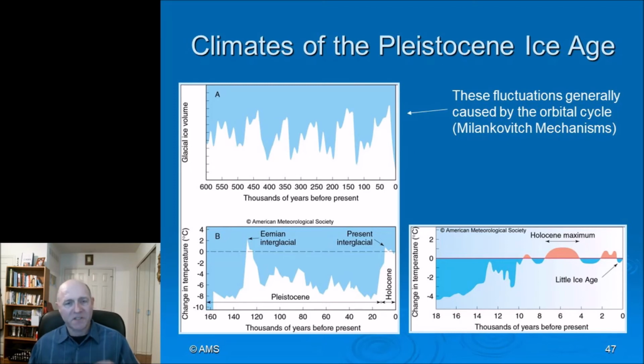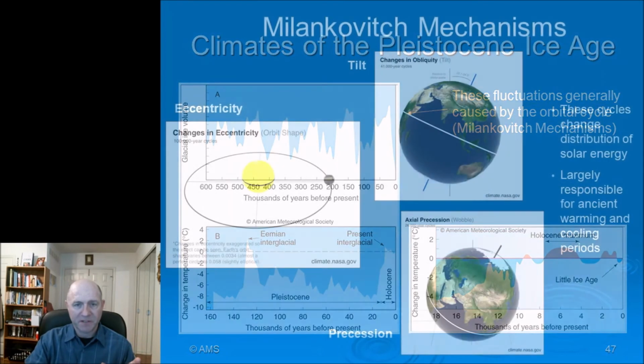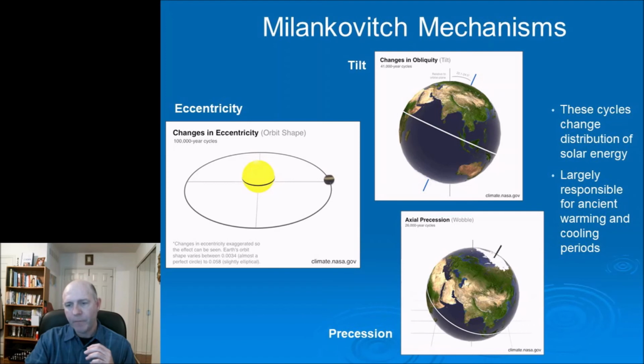There are always these small fluctuations within the mean. Now the fluctuations there on the top are largely orbital cycles, what we call Milankovitch mechanisms. These are governing how solar energy is coming into the planet, or how it's just being distributed across the planet.